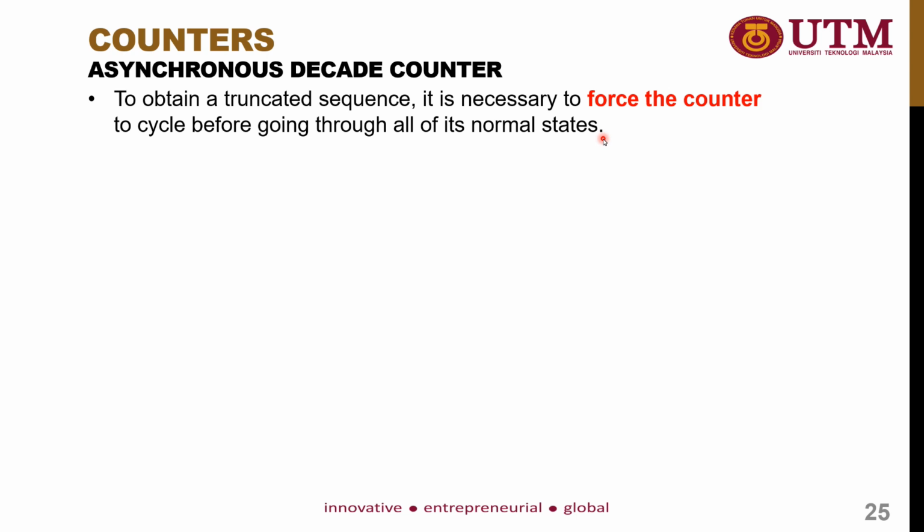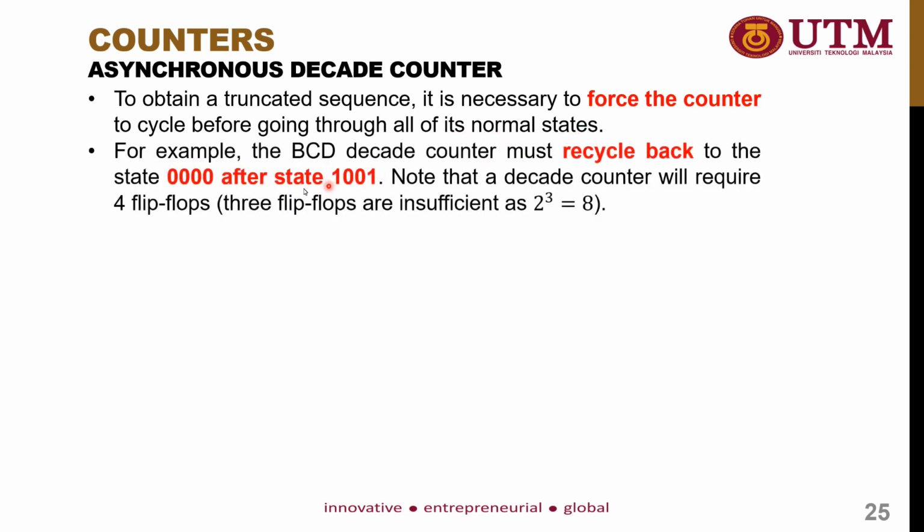So what we can do is truncate the counter. In order to truncate the counter, we need to force the counter to cycle before going through all of its normal states. For example, the BCD decade counter must recycle back to the state 0000 after state 1001. For the BCD number, after 1001, the next number would become 1010, and we don't want that counting.